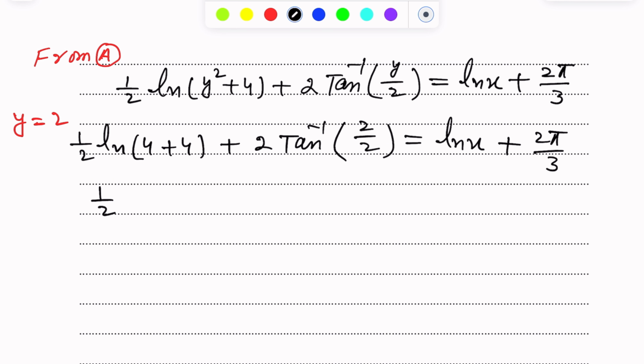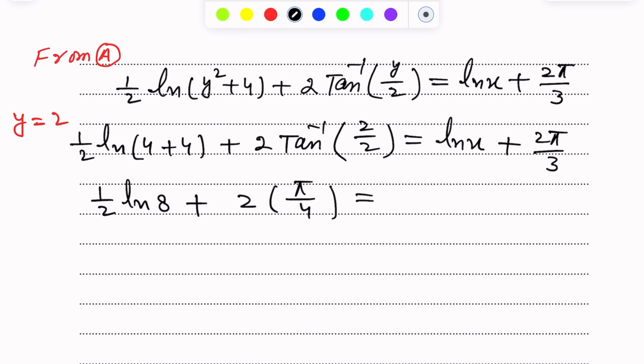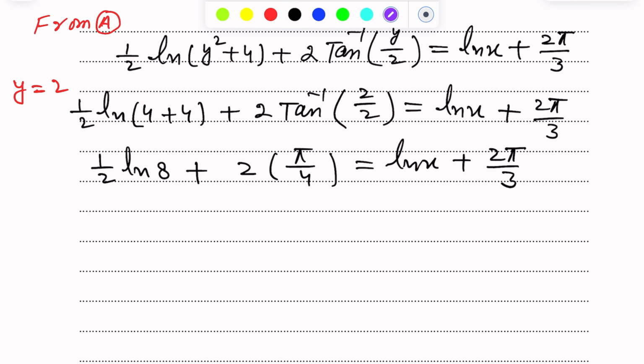That is 1 over 2 log 8 plus 2 tan inverse 1, and tan inverse 1 is pi by 4 by using calculator. So 1 over 2 log 8 plus 2 into pi by 4 is equal to log x plus 2 pi by 3. This will be cancelled out.